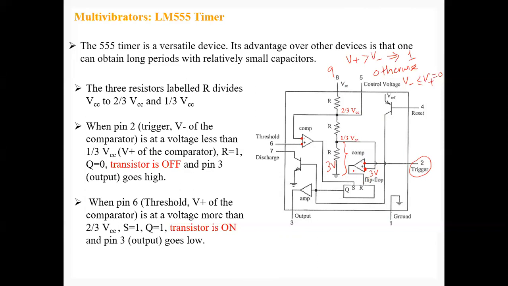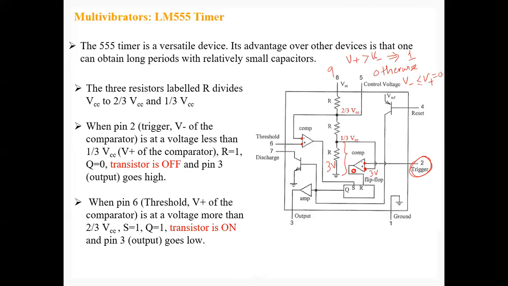Guys, you have to help me here. If the trigger is less than 3, what is the output here? 1 or 0? 0. 0.